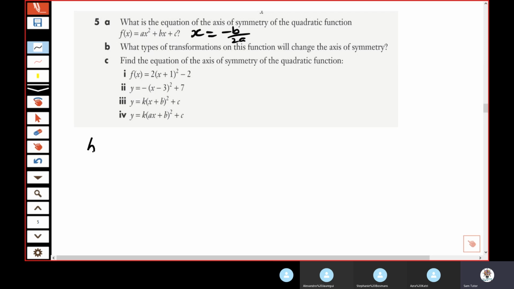Well, there's 4 types of transformations, I guess. There's horizontal translations, vertical translations, horizontal dilations, and vertical dilations. Which one would actually impact the axis of symmetry? Anyone know?